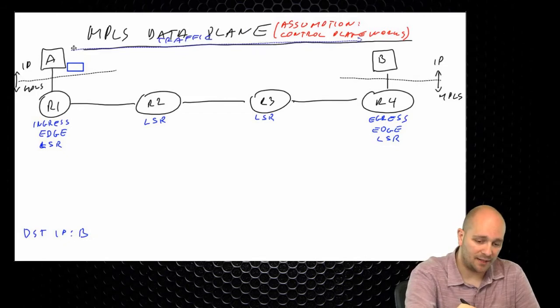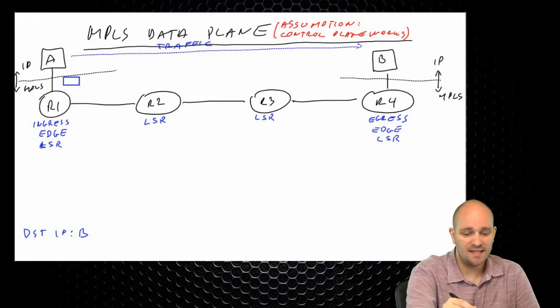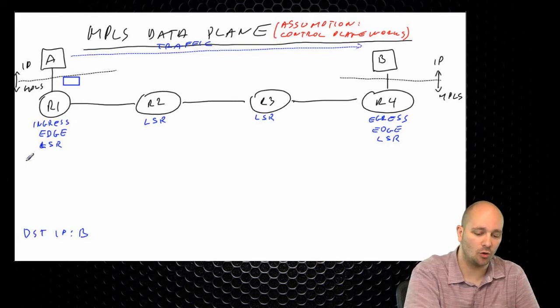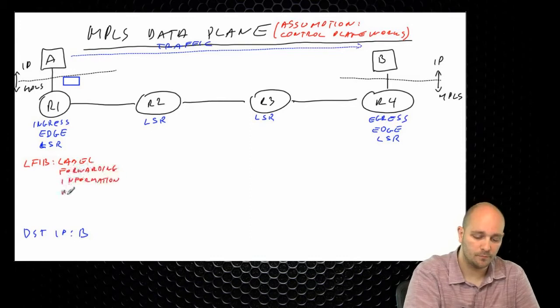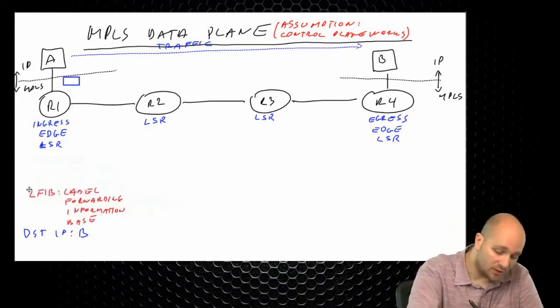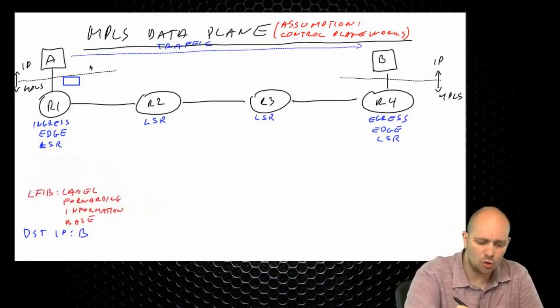When an IP packet arrives to ingress edge LSR, this ingress edge LSR needs to perform a lookup in a table that we call LFIB. Now, LFIB stands for Label Forwarding Information Base. And in this LFIB, it needs to see what information, what does it do with this packet.